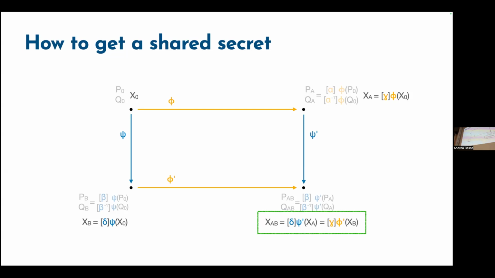And the reason why I'm talking about a framework and not a specific protocol is because we haven't really defined how we compute psi and psi prime. We can have different types of isogenies there. Also, the way this was presented was using a higher dimensional representation for phi and phi prime, and that's how we're going to use it in practice.